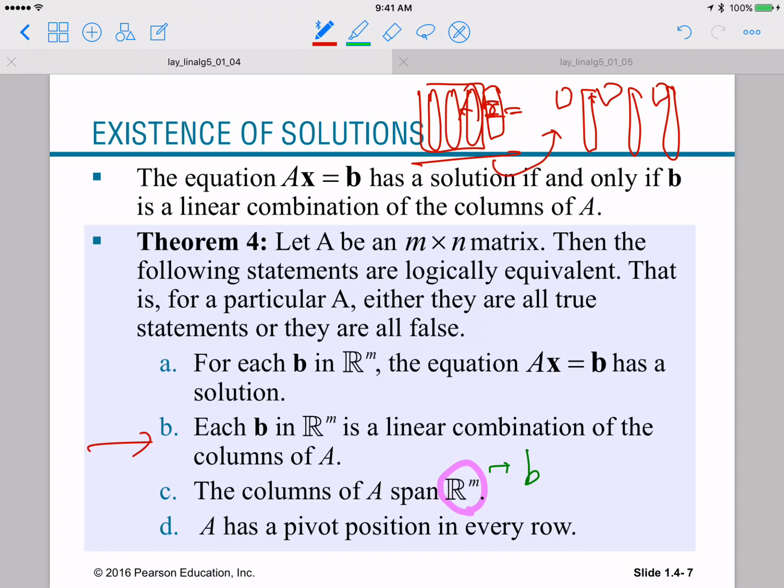Linear means we multiply by x, like a scalar. So b should be representable in this form. That's when we can guarantee that we have a solution. When b is represented in this form, that's when we have a solution for that b. Okay, thank you very much.